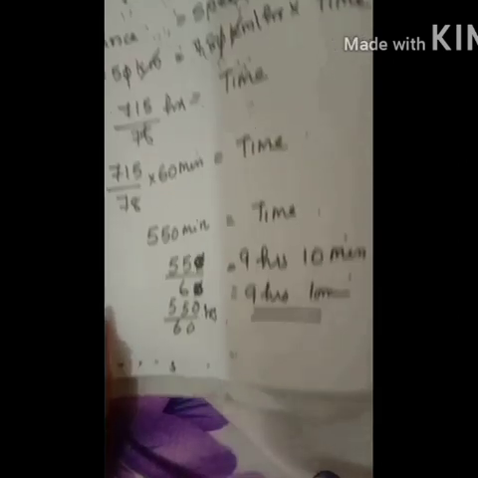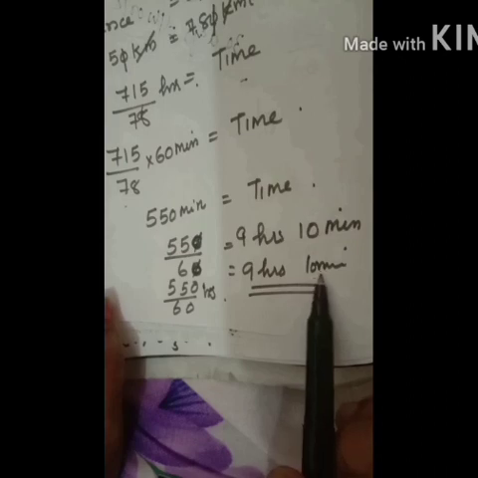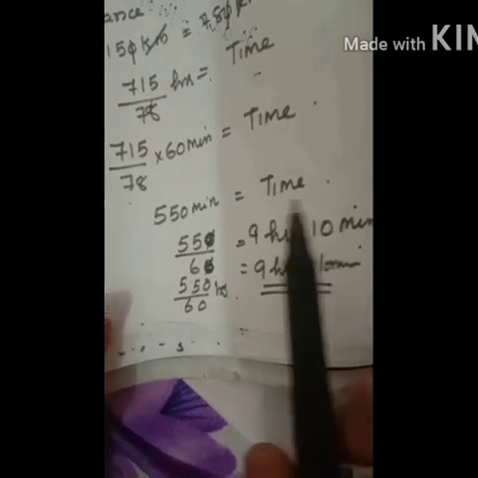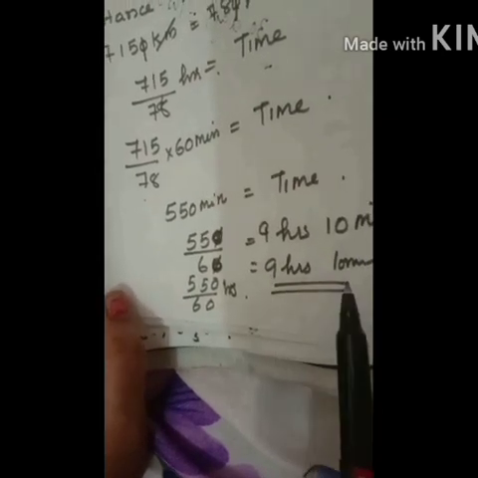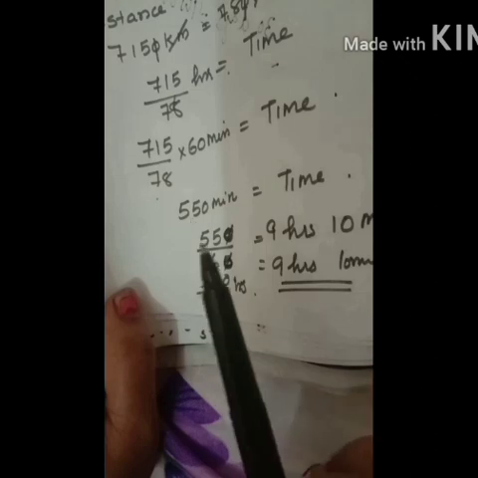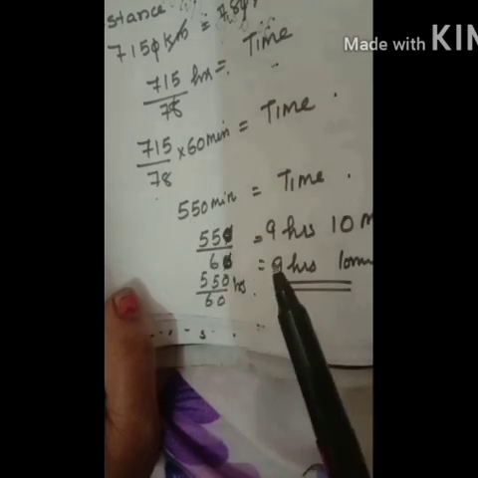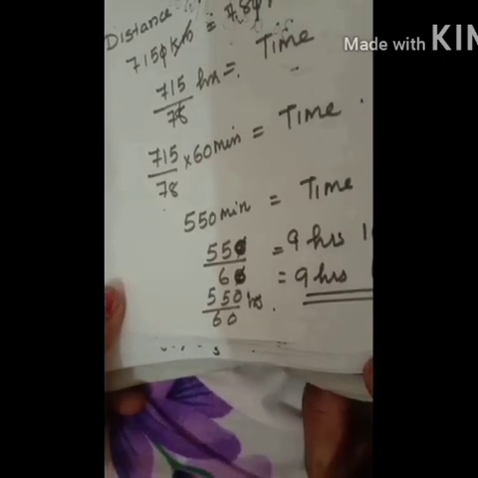After that 550 minutes you divide by 60. You will get 9 hours 10 minutes. Okay. You want an answer like this. You have to convert hours to minutes, after that you divide by 60. You will get hours and the remainder will be in minutes.